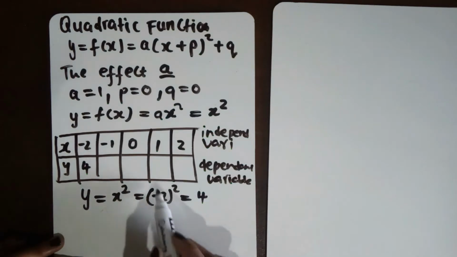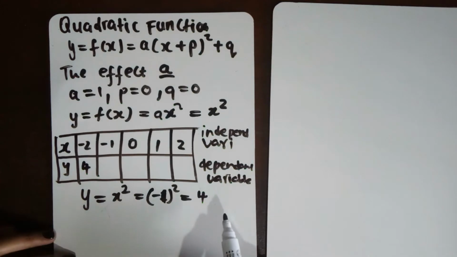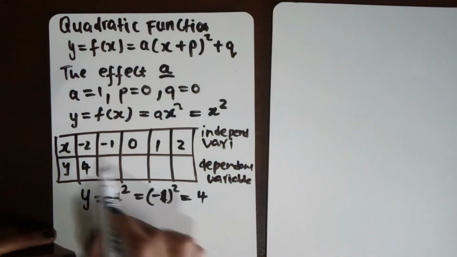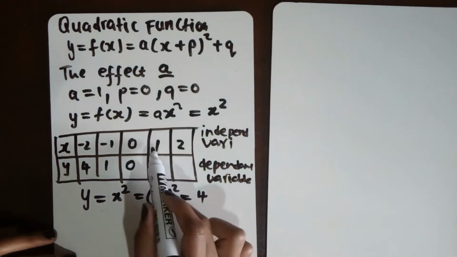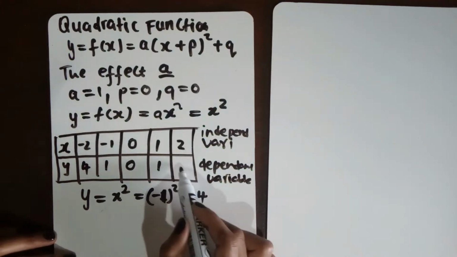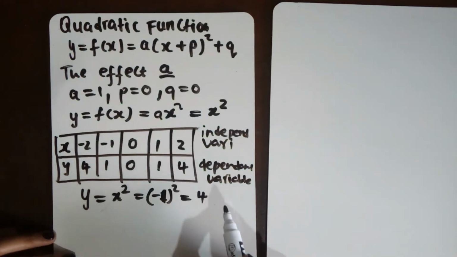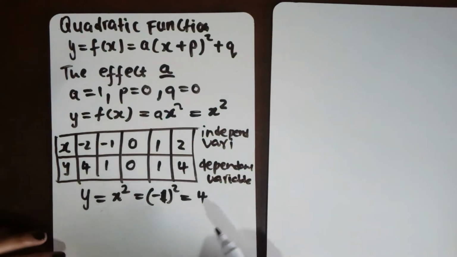Then the same thing when x is -1, our value is going to just be 1. If x is 0, it's going to be 0. If x is 1, it's going to be 1. If x is 2, our value is going to be 4. So if we have your x and y coordinates, it means that we can actually plot a graph.